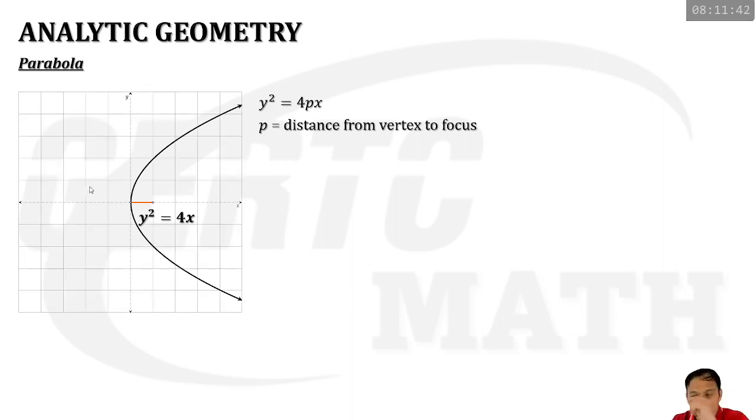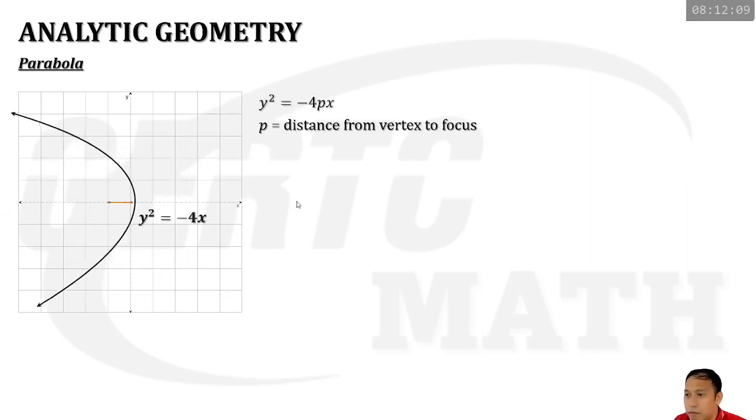So this curve describes the graph of y squared equal to 4x, kasi its focus is located 1 unit from the vertex, which is at the origin. And if it opens to the left, to the negative x direction, we're going to make that negative 4x.